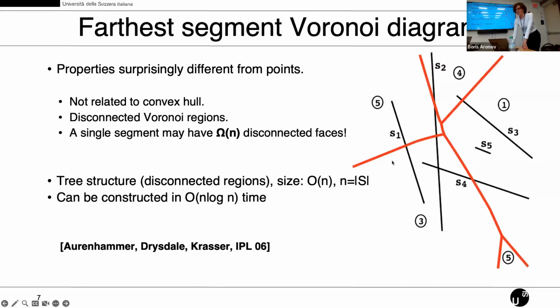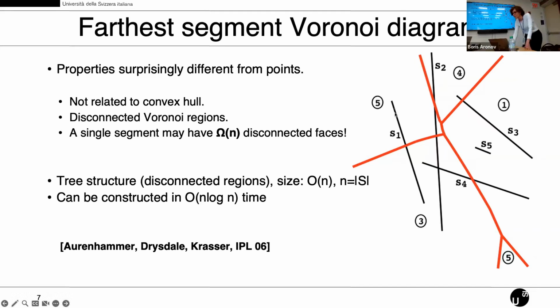Let me give this example of the farthest segment Voronoi diagram to see the differences with the respective case of points. Here we have a bunch of segments. Here in red, you see the farthest Voronoi diagram. For anybody not very familiar, the farthest Voronoi diagram reflects farthest information.